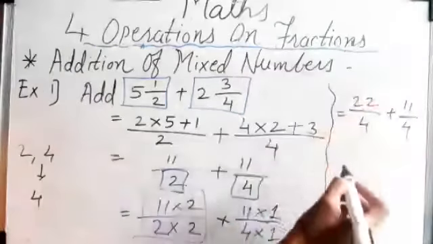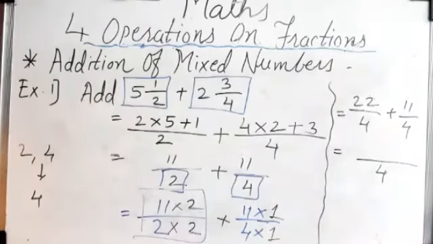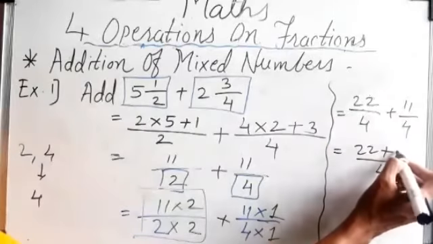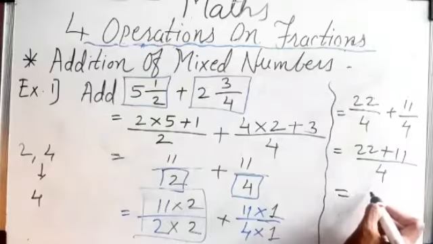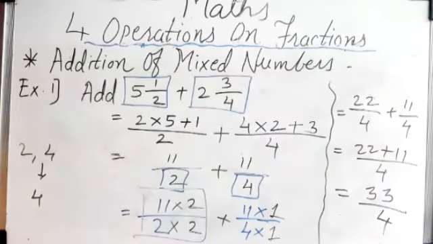This answer I have written here only. Now as the denominators are same, just write it one time only, 4 as it is, and simply add the numerators, that is 22 plus 11. Add this, 22 plus 11, 33 upon 4.